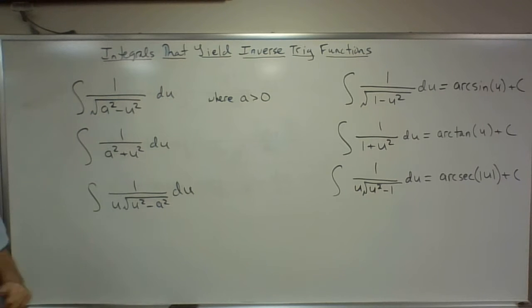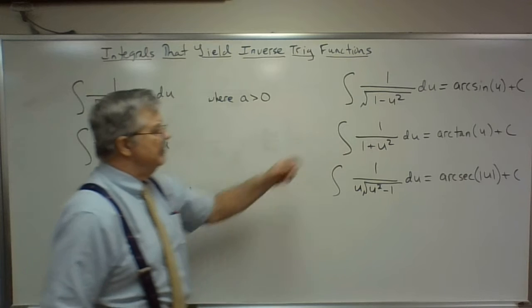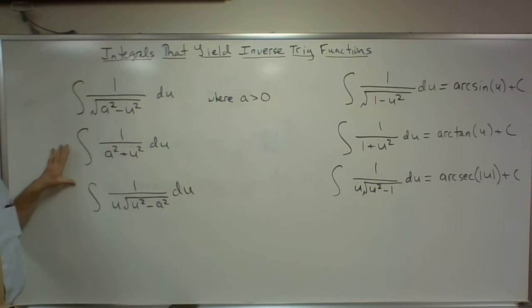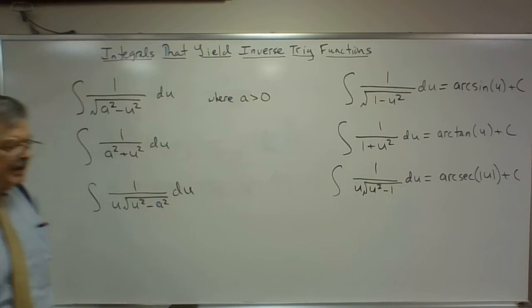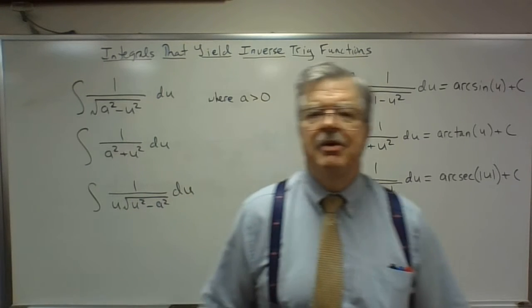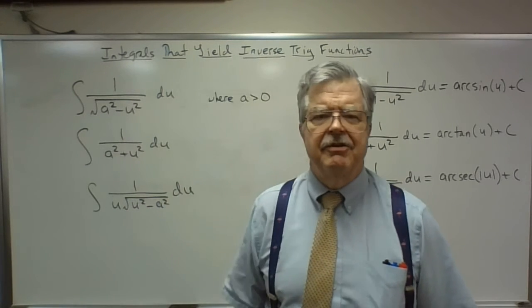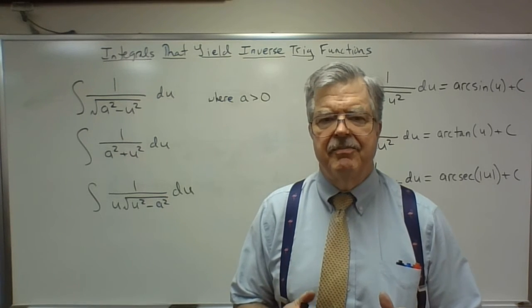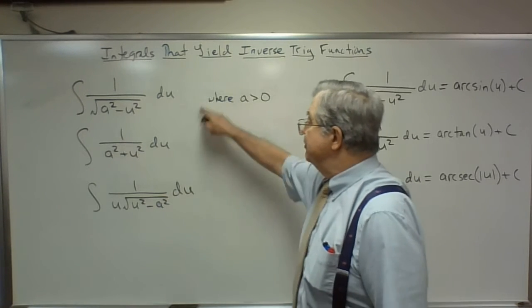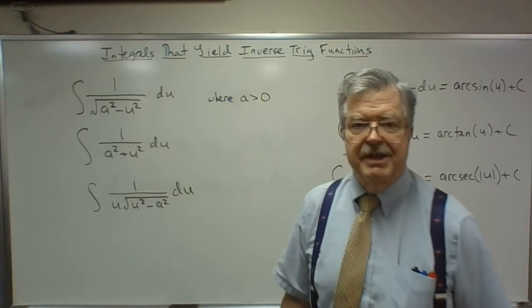We're going to generalize these formulas to look like this so that they will allow us to integrate a larger class of functions. Now, don't worry about writing these down yet. I'm going to work through at least one of these to show how we generalize it.